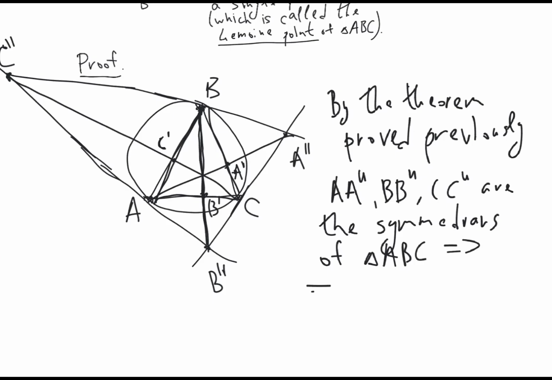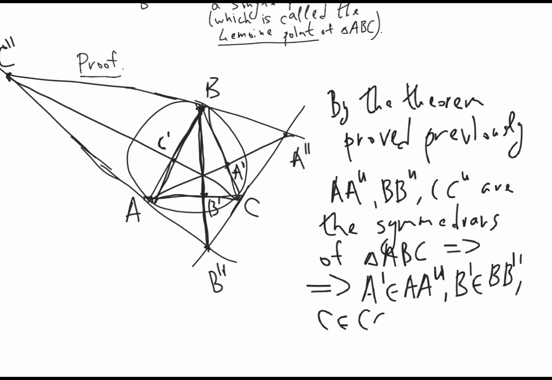It implies immediately that A prime belongs to A2 prime, B prime belongs to B2 prime, and C prime belongs to C2 prime.